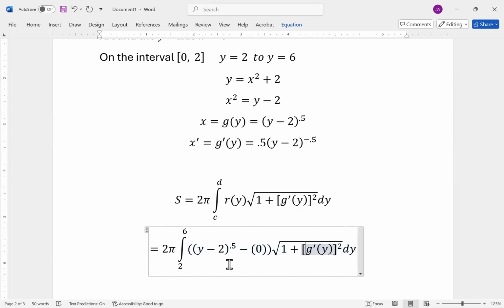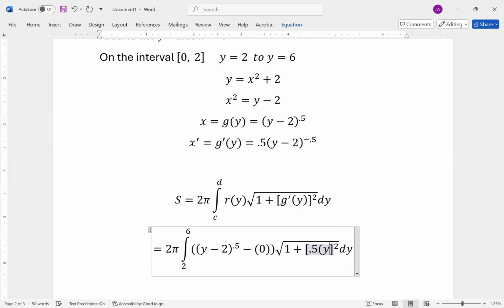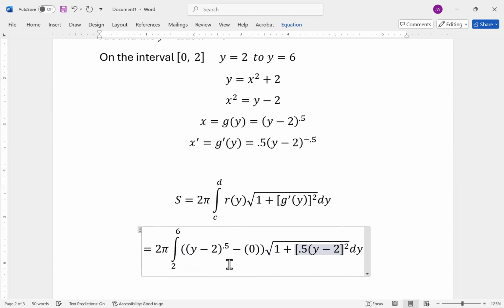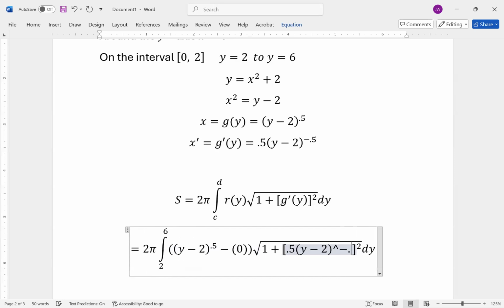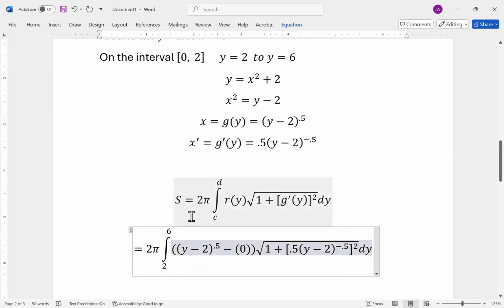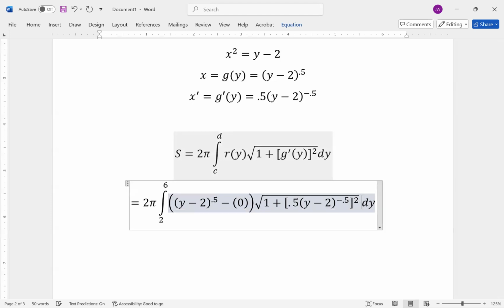And the derivative of g is 0.5 times the quantity y minus 2 raised to the negative 0.5 power. I put that all into my surface area formula. Once again, if you'd like to try to do this by hand, you could. I tend not to like to try to do this by hand.